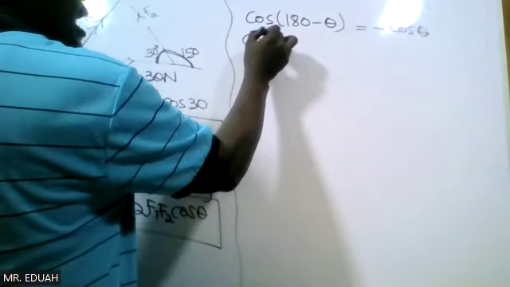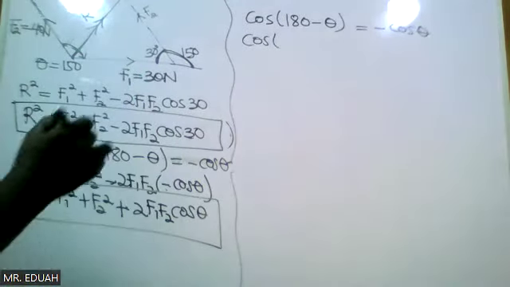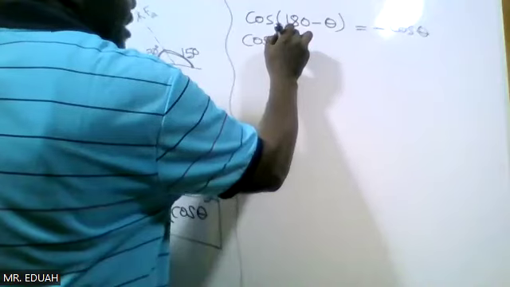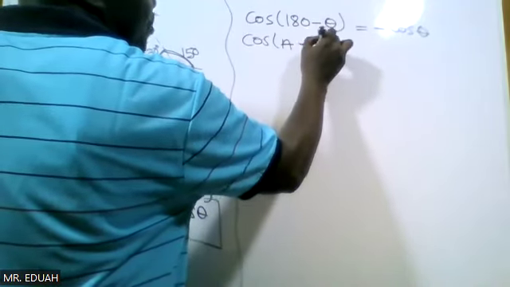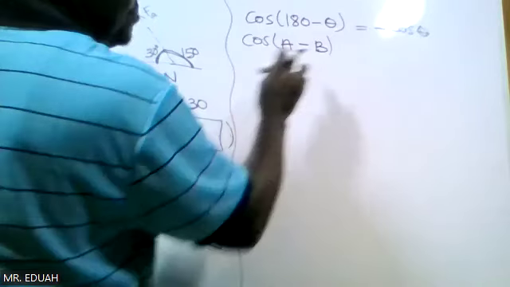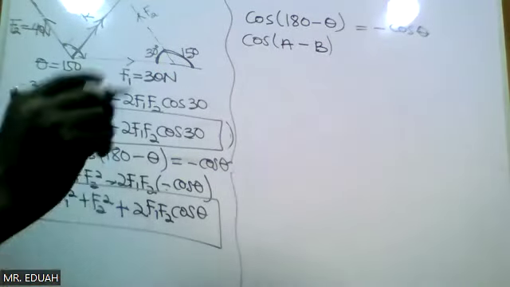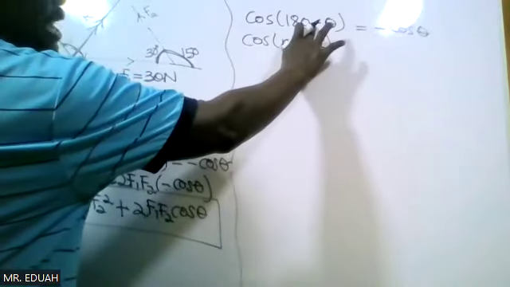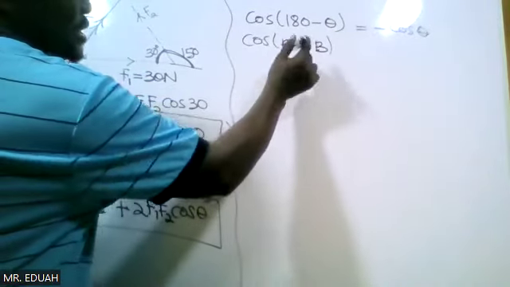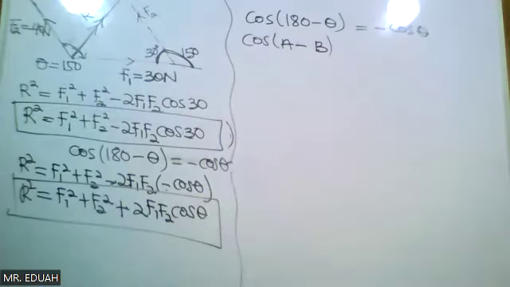The point is that we have a double angle. If you have two different angles and you take the cosine of it, the angles are A and B, and it can be plus or minus. But because what we have here is a minus, I'm ignoring the plus and maintaining the minus.